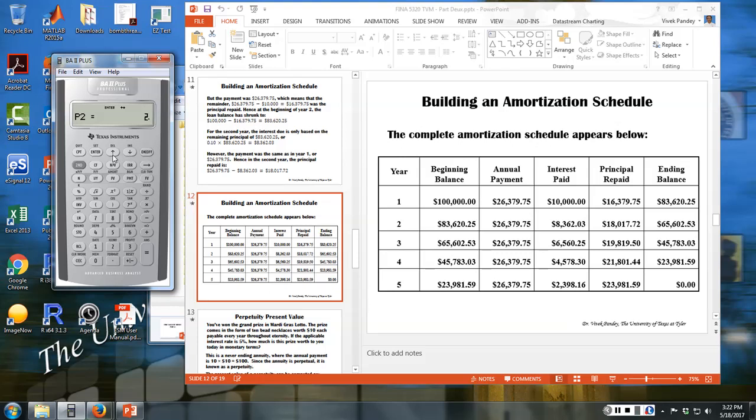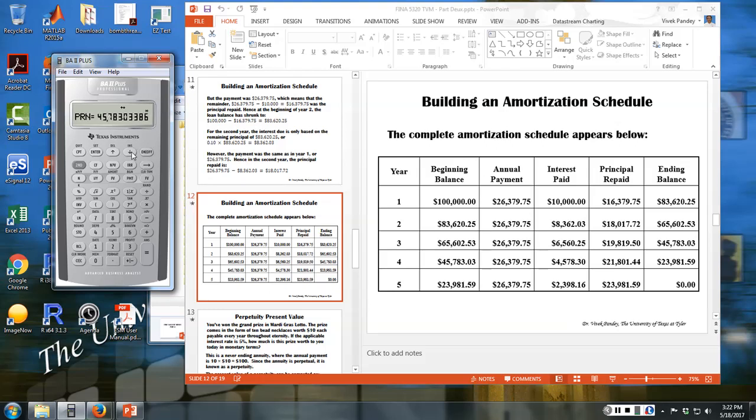Say if I want to see what happens in the last 2 years of the 5-year loan, then you can just say P1 equals 4, enter, and P2 equals 5, enter, and it'll show us what's going to happen. The balance at the end of year 5 is almost zeroed out, right? Because it paid off the loan.